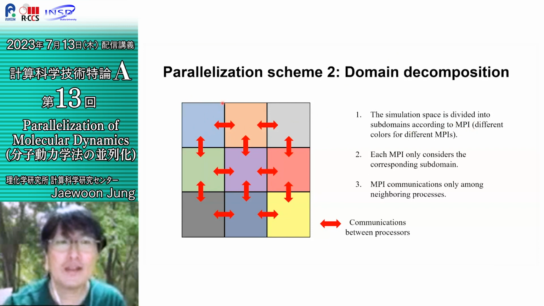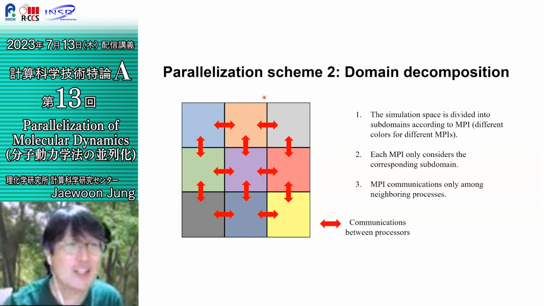So one processor, one MPI process, corresponds to this region. They do not care about the data of this one. They only calculate the energy of this region. And the next MPI process only calculates the energy and force of this region.